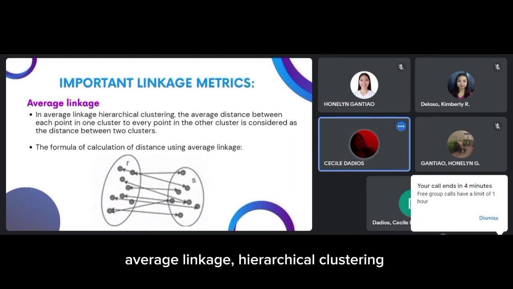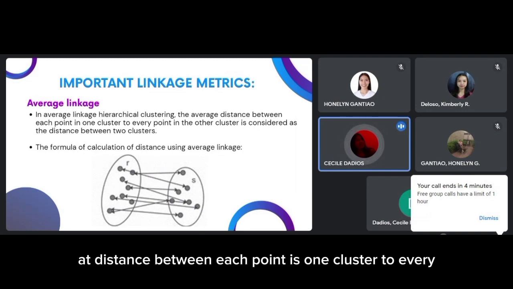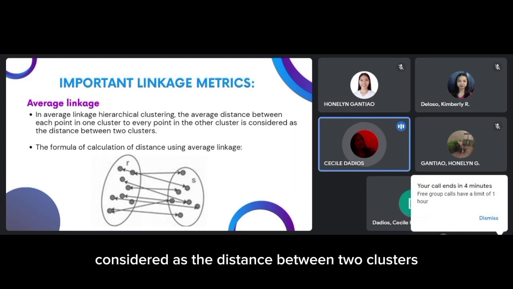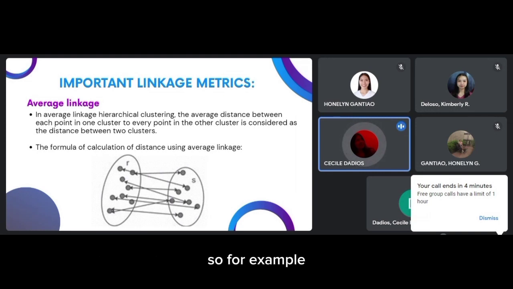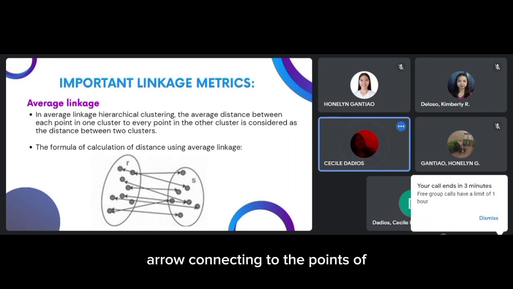Average linkage hierarchical clustering: the average distance between each point in one cluster to every point in the other cluster is considered as the distance between the two clusters. For example, the distance between the two clusters S and R to the left is equal to the average length of each arrow connecting the points of one cluster to the other, as shown in this figure.